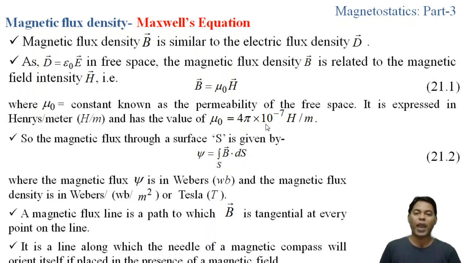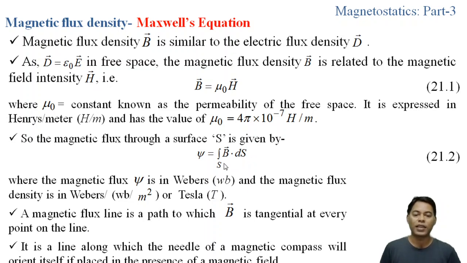As the magnetic flux density is defined, we can find the total magnetic flux through a surface. That is defined by expression 21.2: total magnetic flux psi equals the surface integral of B dot dS.